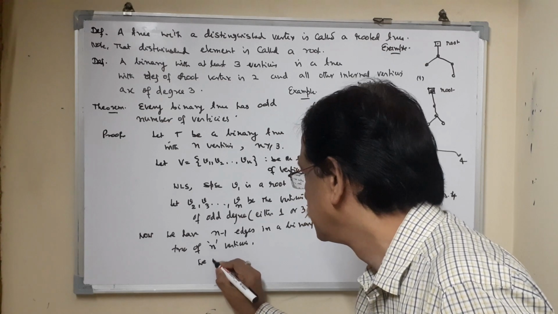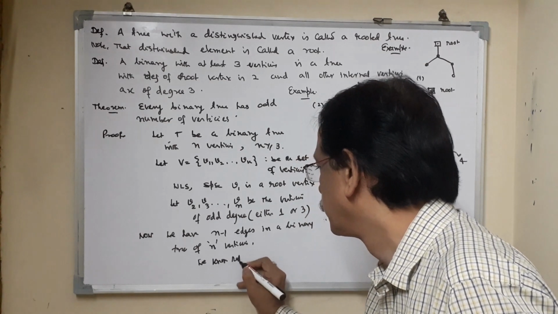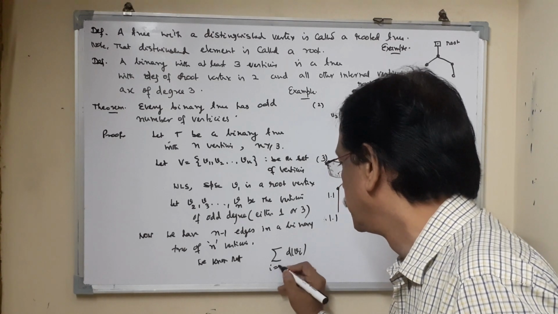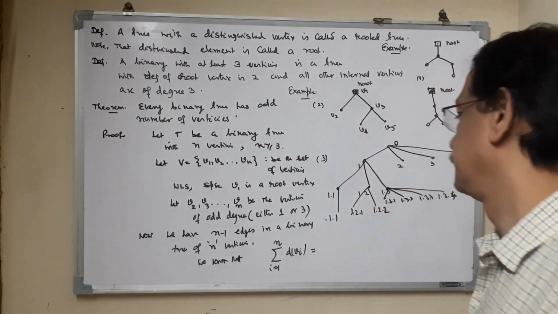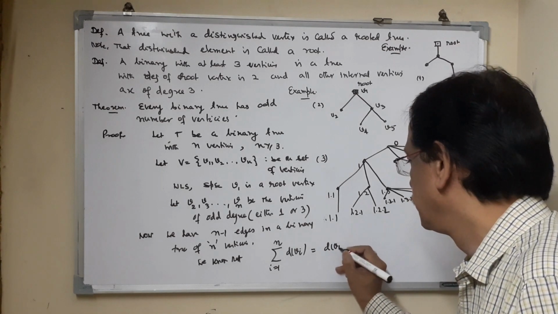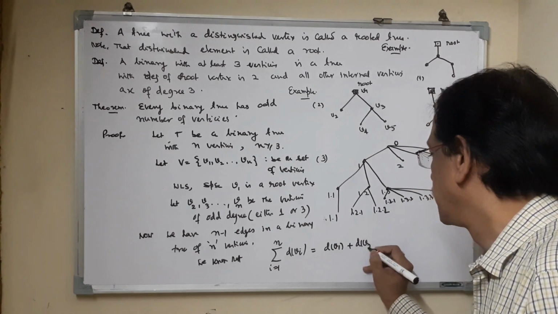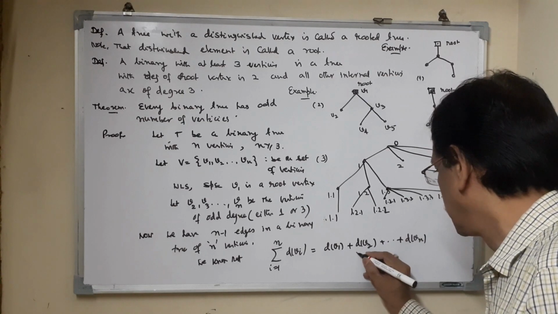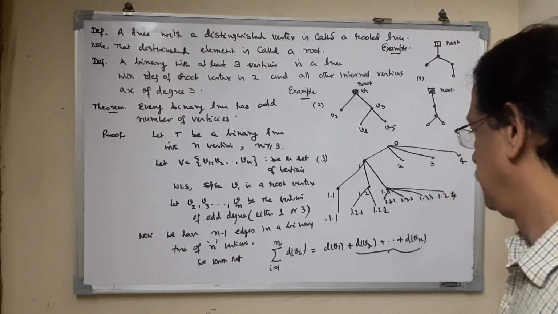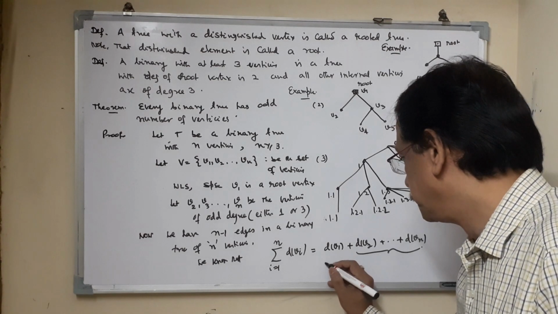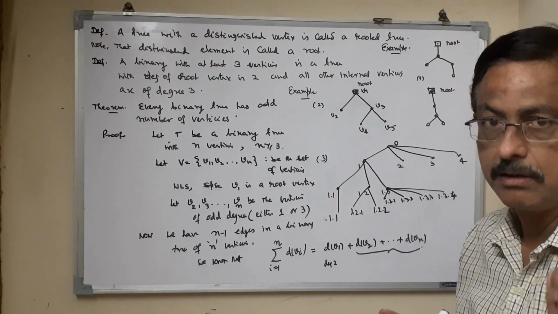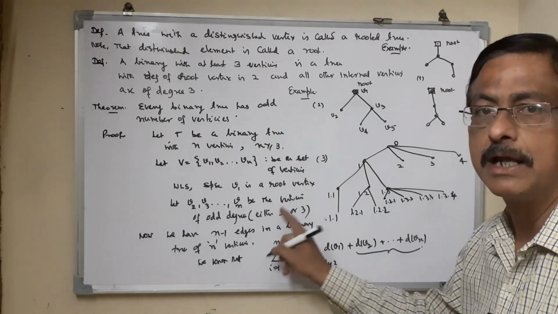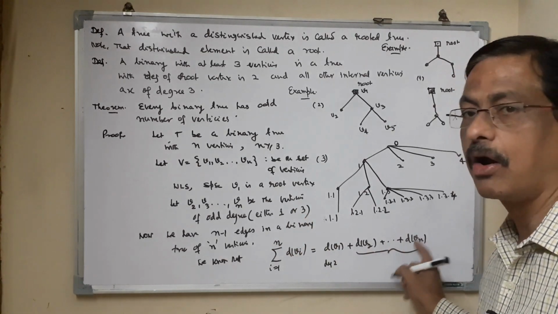We know that the summation of d(vi), i equal to 1 to n, is equal to d(v1) plus d(v2) plus up to d(vn). Look at this carefully. d(v1) is of degree 2. The rest are either 1 or 3. That means they are all odd degrees.